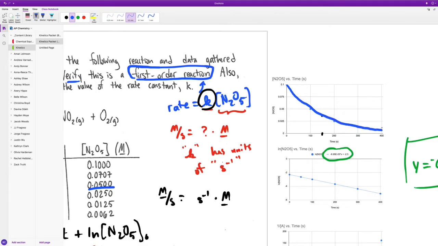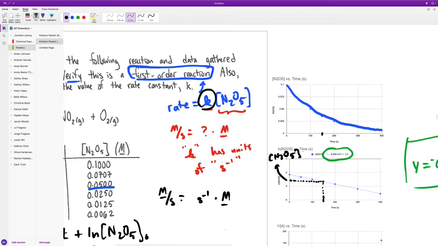But there is a way we can figure out that concentration. If we use the equation of the line, we can easily figure out what that point is. We're going to plug in 150 seconds into our linear equation to determine what that natural logarithm of the concentration is, and then we can convert that back into concentration by undoing the logarithm.